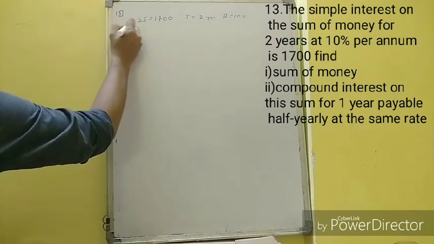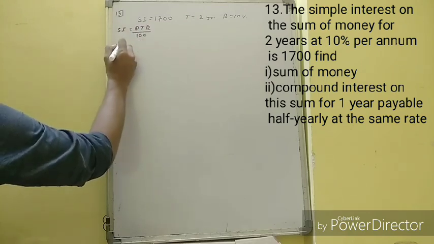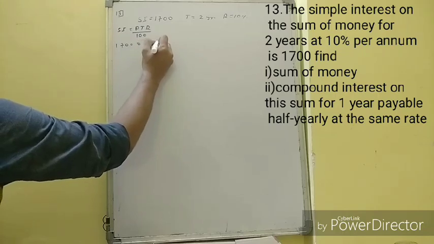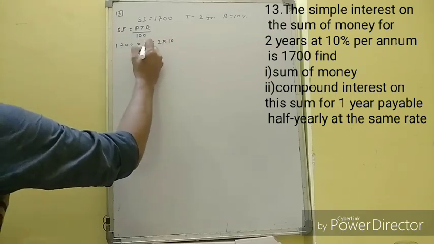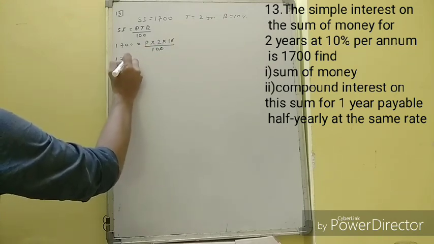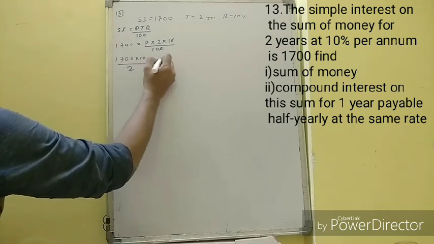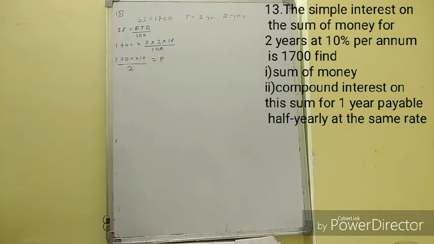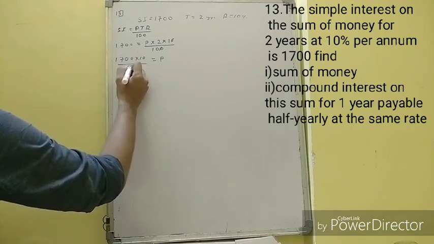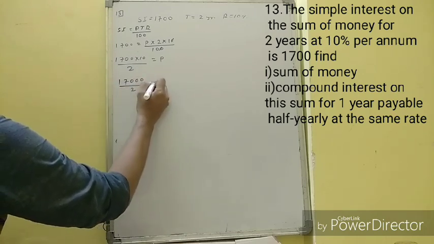So simple interest is equal to PTR upon 100, that is 1700 is equal to principal we don't know, time is 2 and rate is 10 upon 100. 0 0 cancel. 1700 multiplied by 10, 2 will come here and get divided by, so we have P. Okay, so it is 17,000 divided by 2.